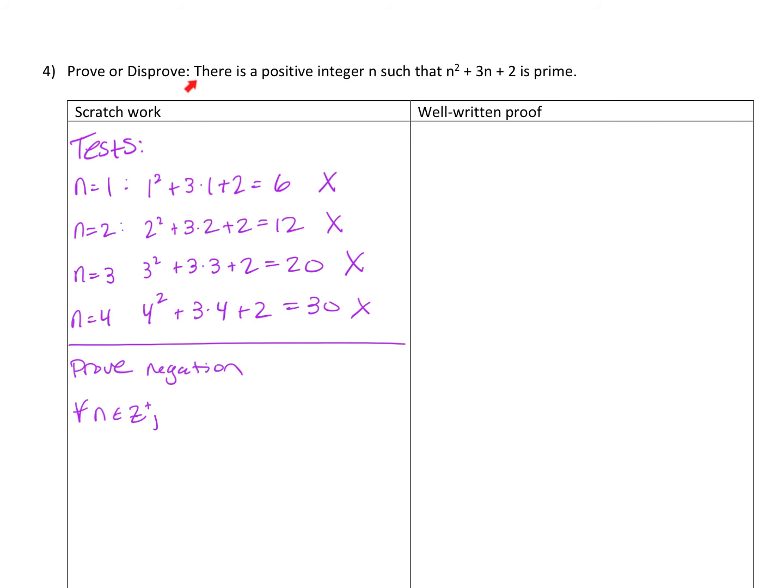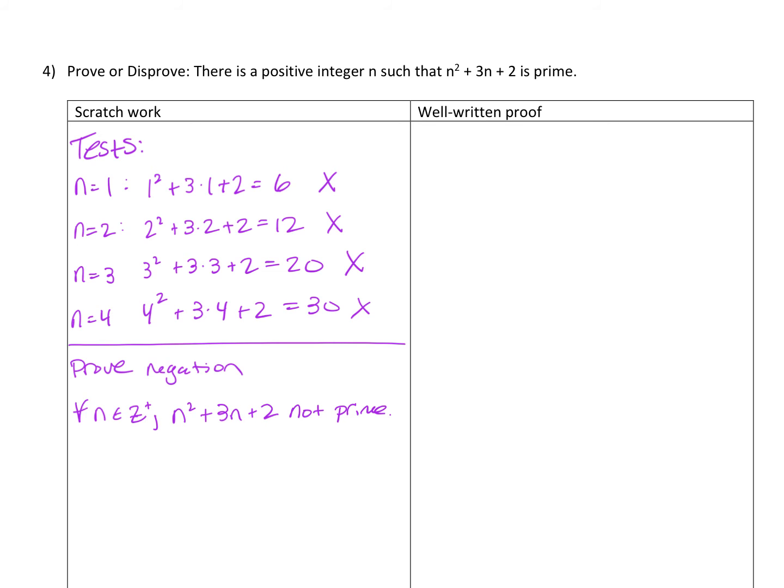So negating the "there is" becomes a "for every," and then "prime" becomes "not prime." So for all n in Z plus, n squared plus 3n plus 2 is not prime, which is composite.